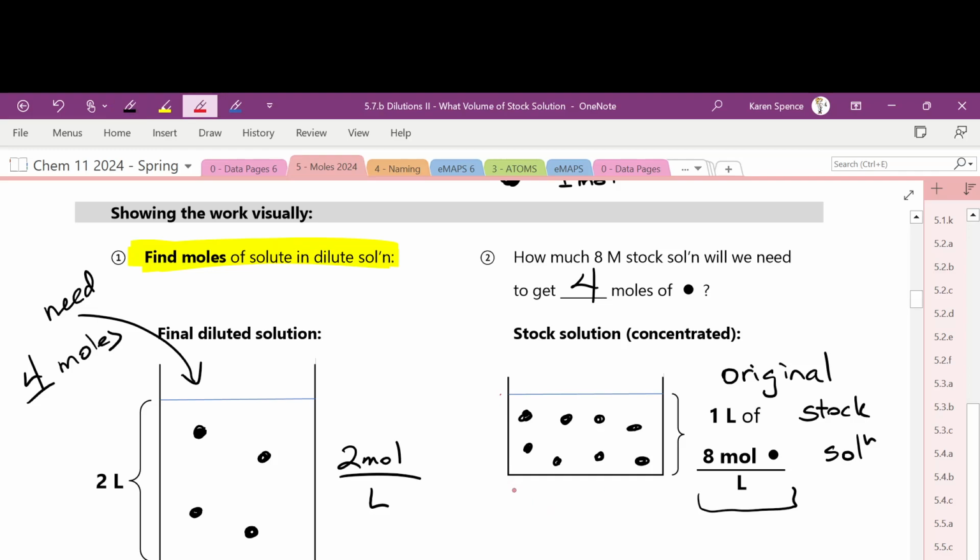This whole volume here is 1 liter. I need a half a liter, yes? So we're going to take this half liter, pop it in here, and then add water to the 2 liter mark.